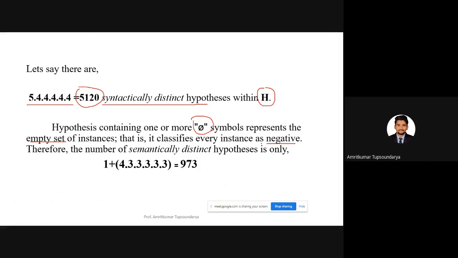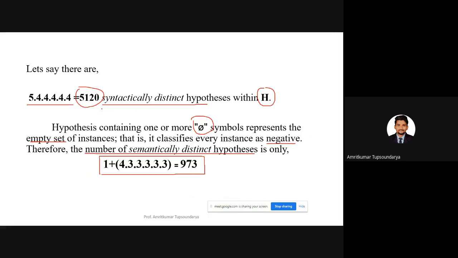Therefore, the total number of syntactically distinct hypotheses comes down to this value, which is the product of all the values reduced, and all the values minus one, ultimately giving the total number of semantically distinct hypotheses as 973.